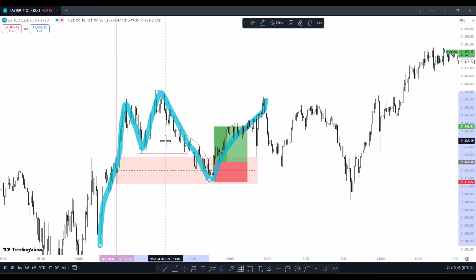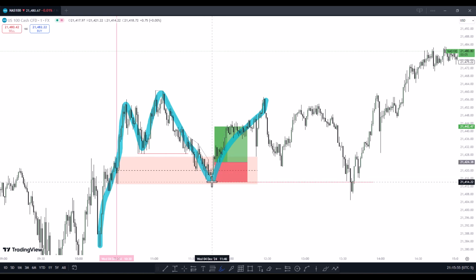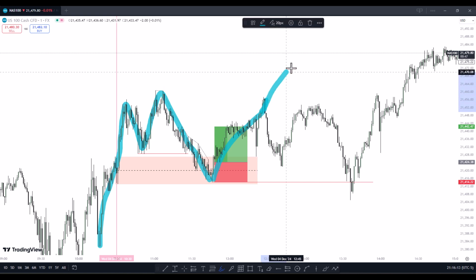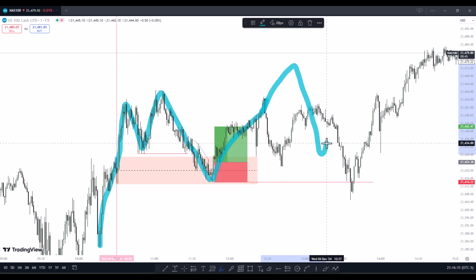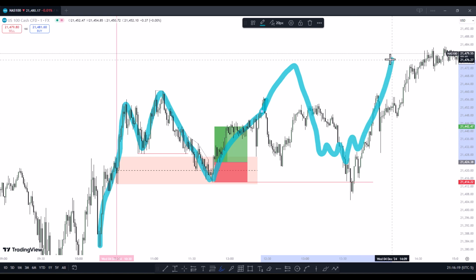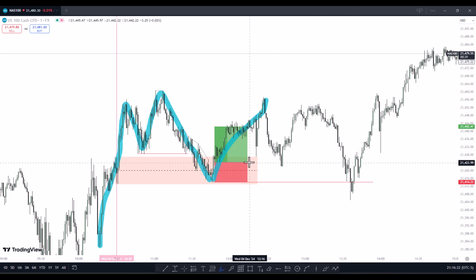So we don't consider this as a break of structure and take it lower. No, we know that this is only a sweep and a deeper pullback. And then when price was trading to the upside right here, it failed to make a new high. So I don't want to buy from a low that failed to make a new high, all right? But if this happened, for example, I would look for something to buy from here, sweep, and then a break of structure and take it higher, right? But that's not the case here.